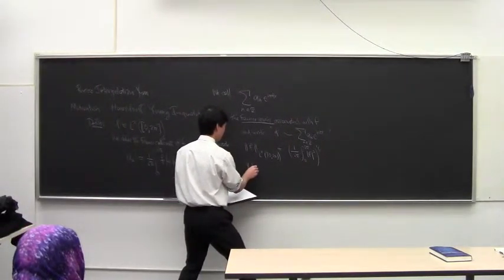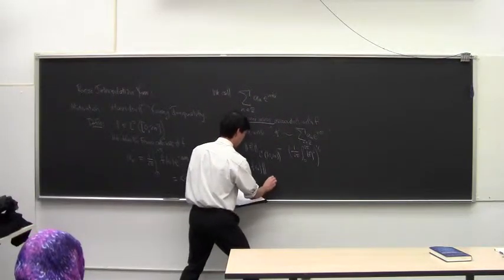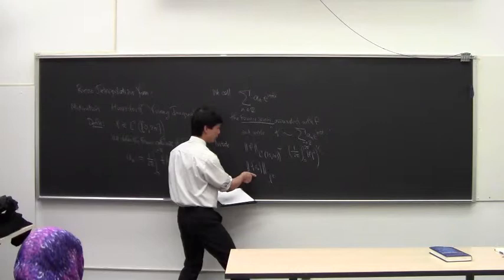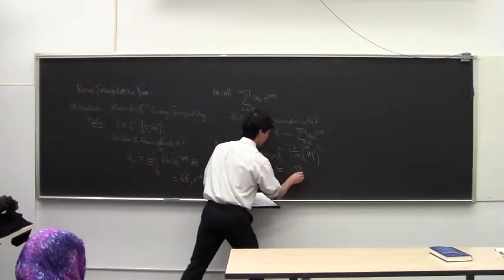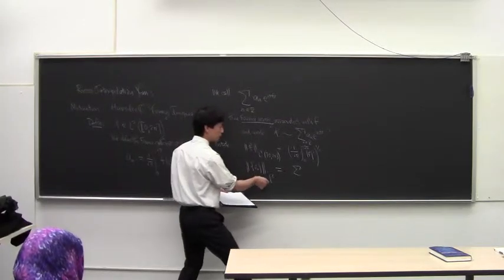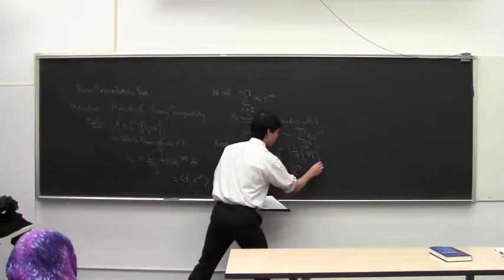And this is just the standard notation: the little L2 norm of the sequence is just, as always, the square root of the sum of squares.